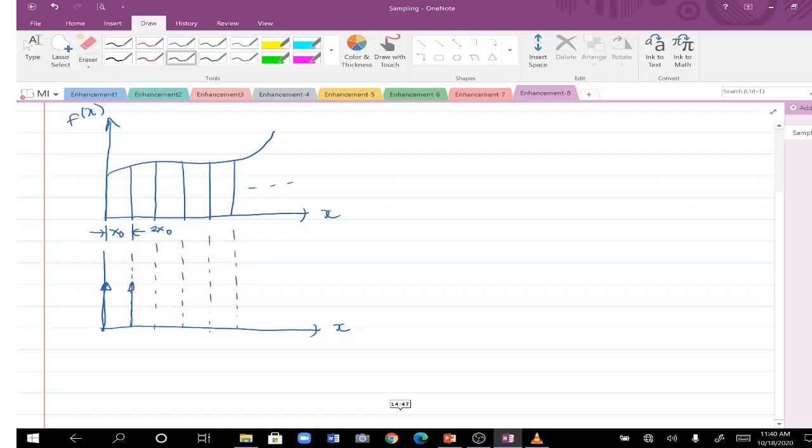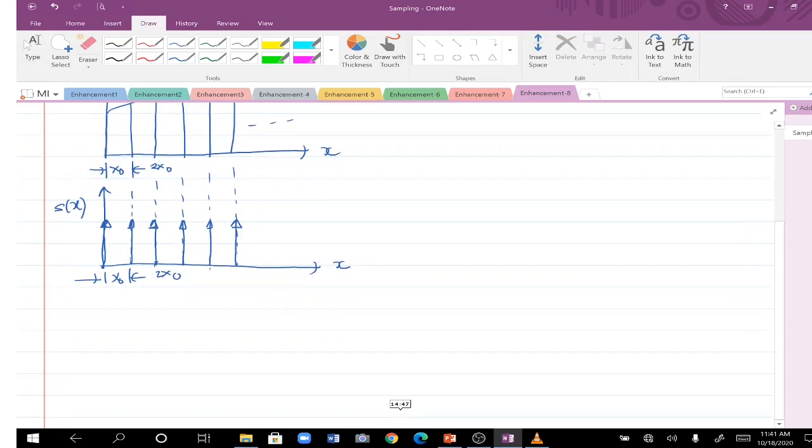So you want to have impulses here, this distance being equal to x naught here also, and after that the values are repeating at integer multiples of x naught. Let's call this function s of x.